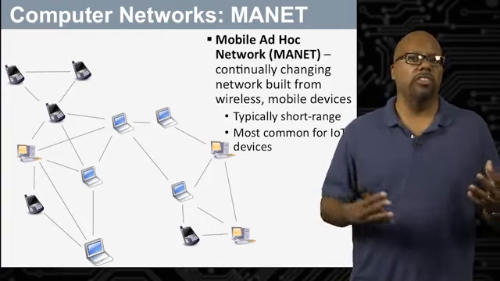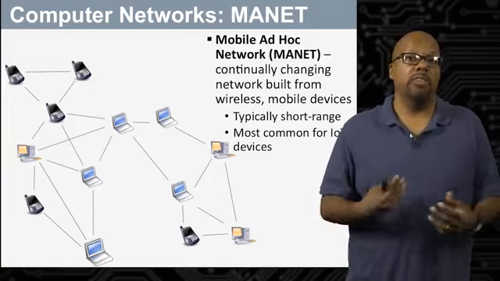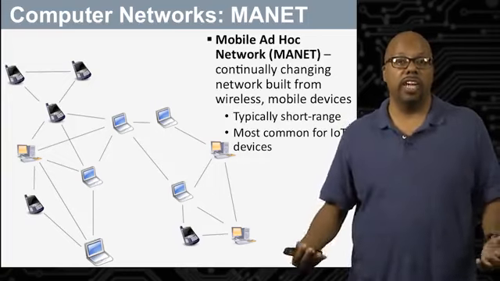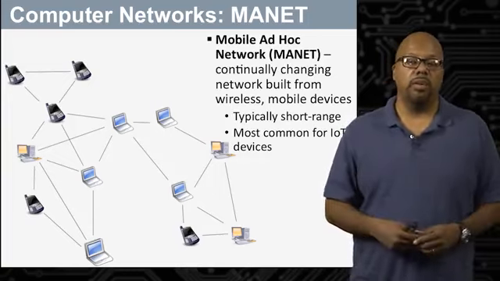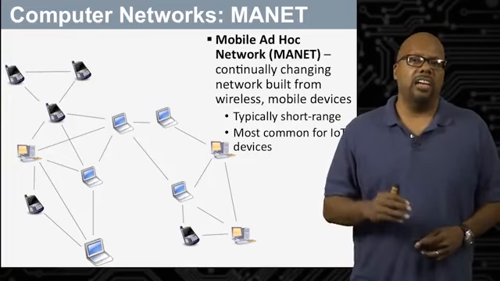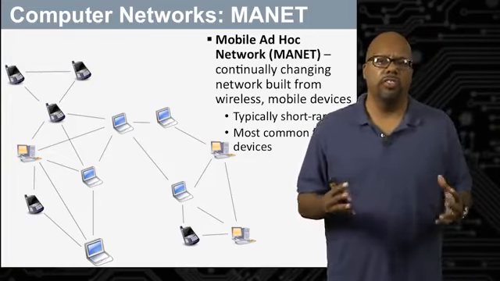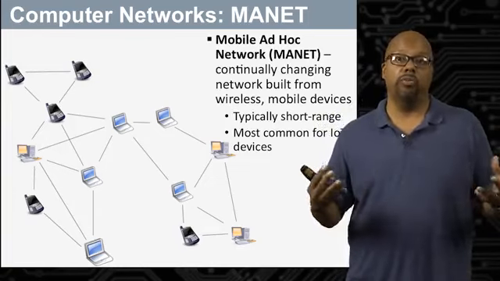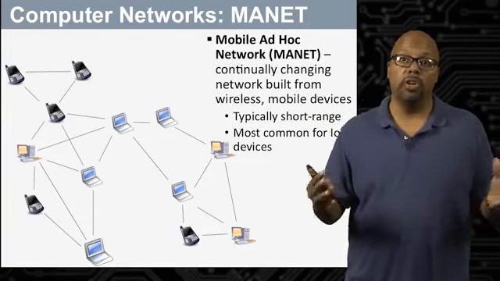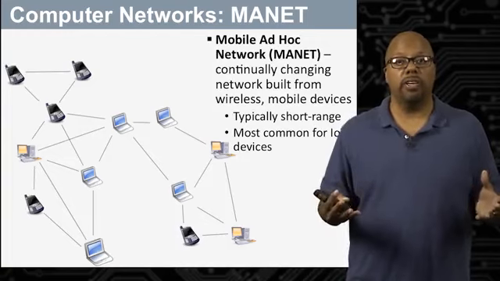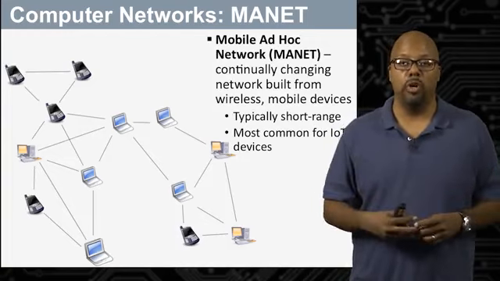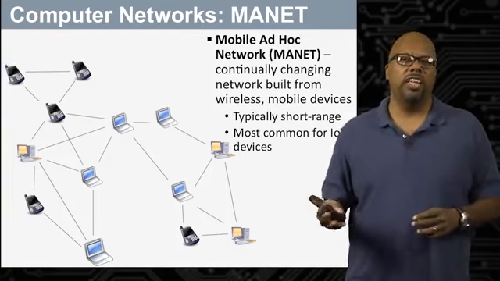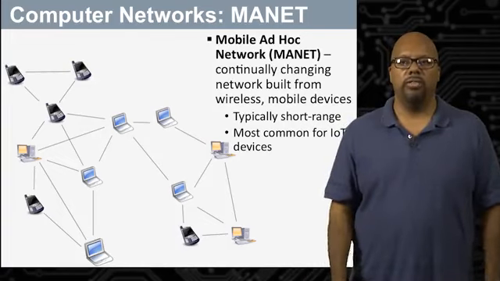So the network is reconfiguring every few seconds. Something is walking into the network, something's moving out of the network. It's very dynamic. That's what a MANET is. A lot of Internet of Things devices are part of a network like that. You need different protocols for that. You have to assume low battery and that things are mobile, so power is a constraint, because you're usually battery driven if you're mobile. So there is a different class of algorithms for MANETs as well.